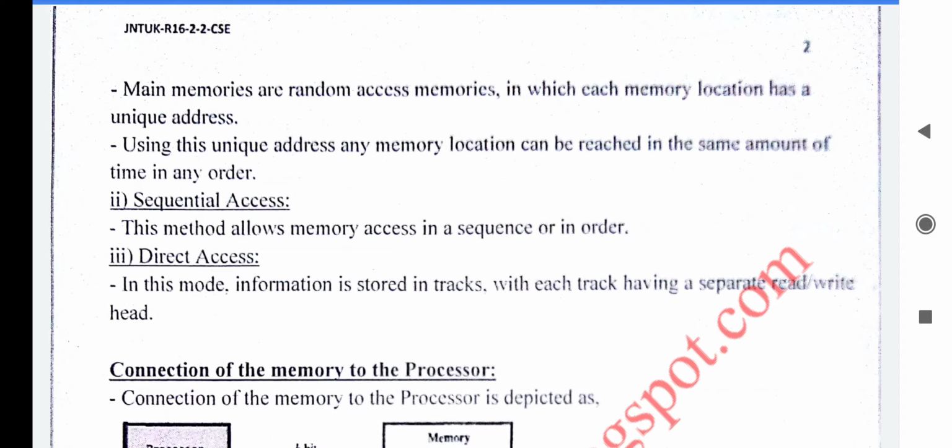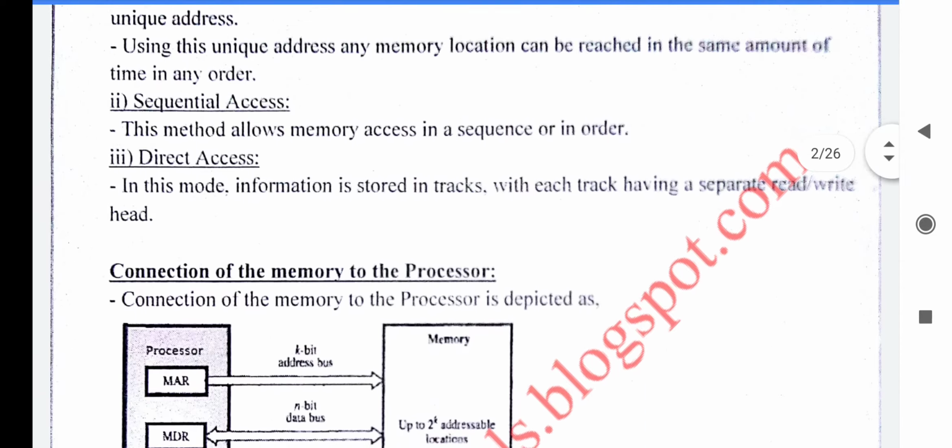There is no need to follow any sequential order. If you want to access the data from some location, we have to give the address of that location, then we can access the content from that address.